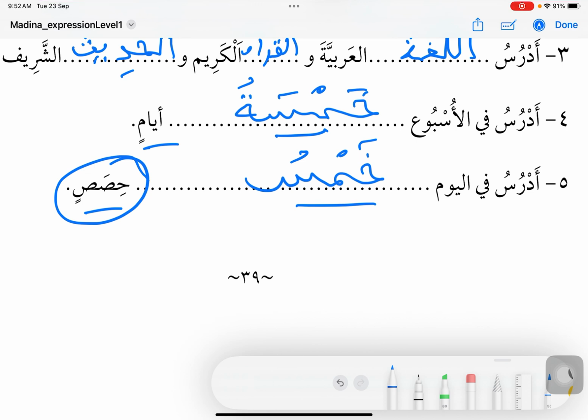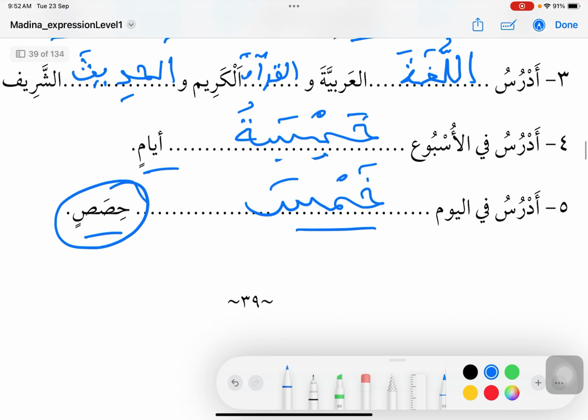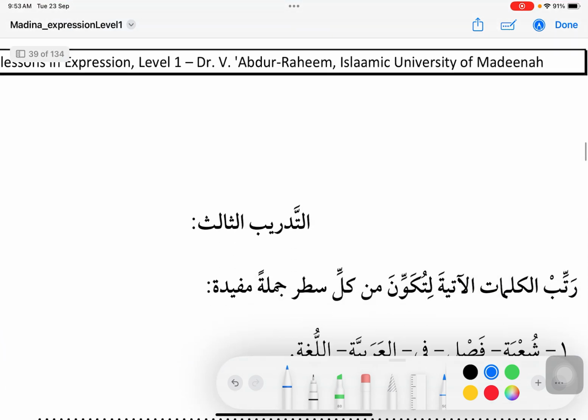So أدرس في اليوم, I study in the day, it should be actually خمسة, right? خمسة حصص. أدرس في الأسبوع خمسة, right? خمسة, because this is object of the verb. So مفعول به, take فتح. خمسة. Okay. Excuse my handwriting.